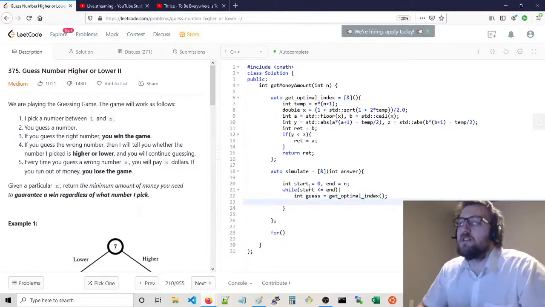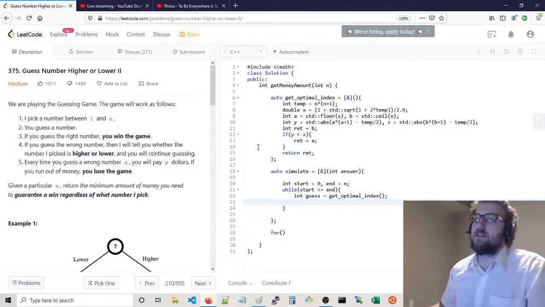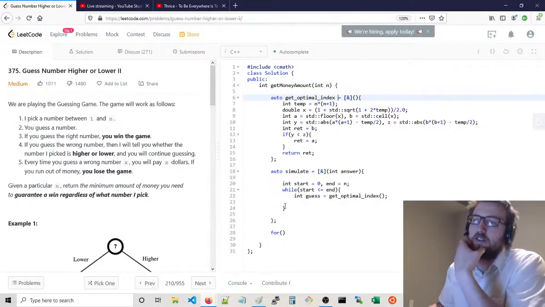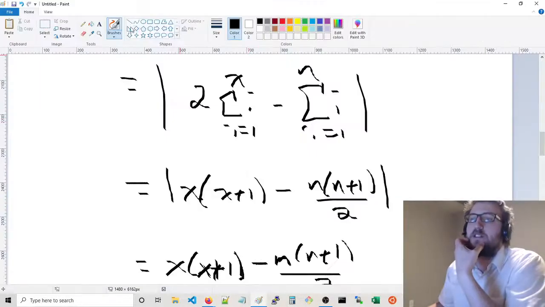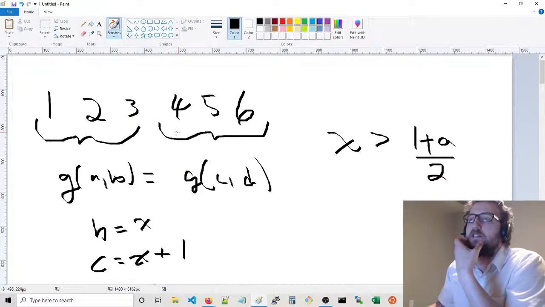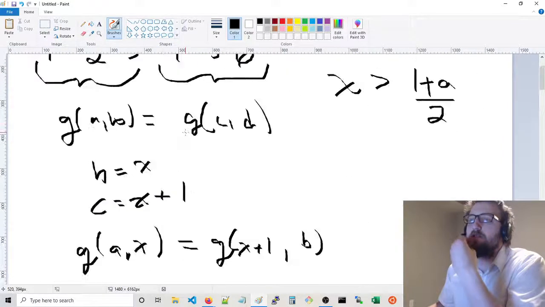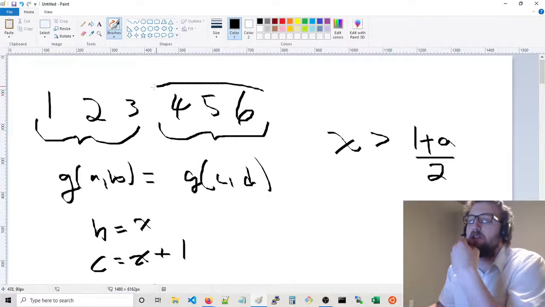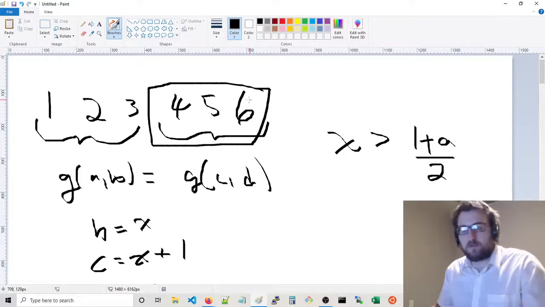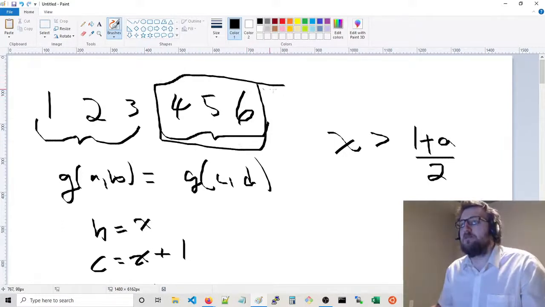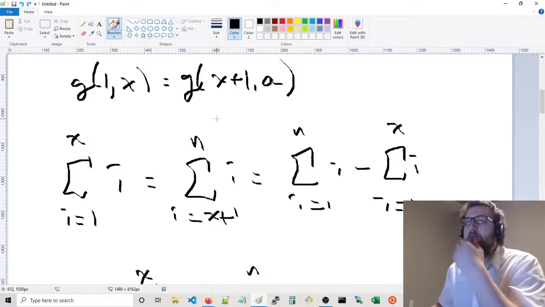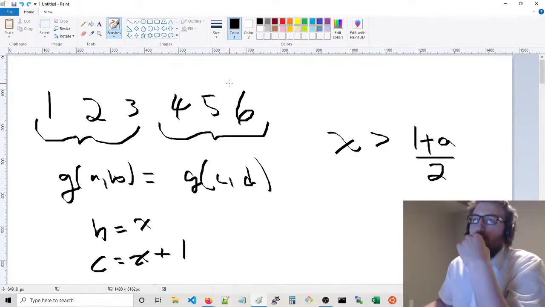And so what's interesting about this is this optimal index changes. That's actually something that I didn't really consider. If you move to a different portion of the array, getting the optimal index here is quite a bit different from the optimal index that we calculated from the bottom.